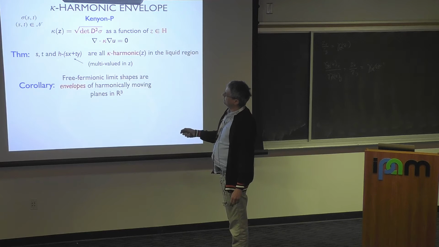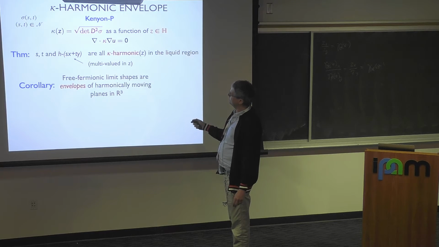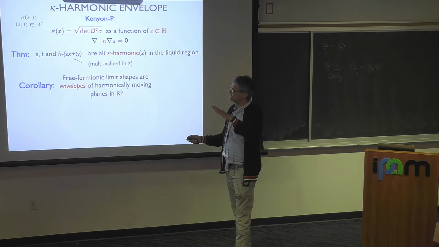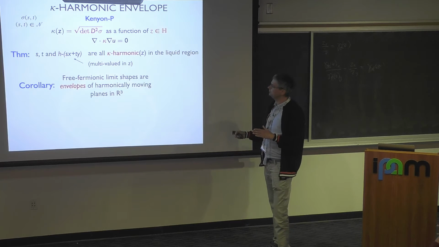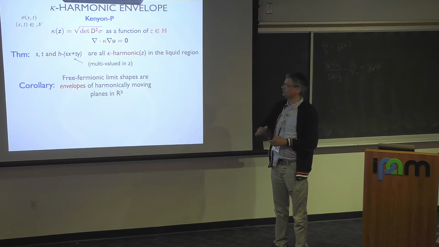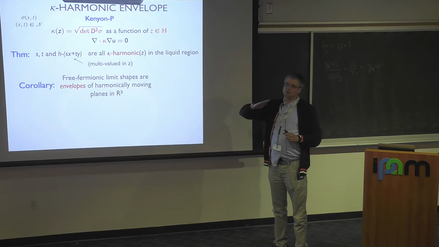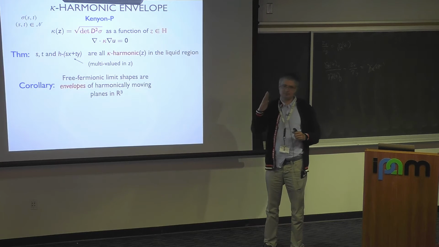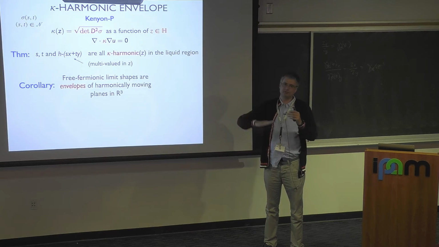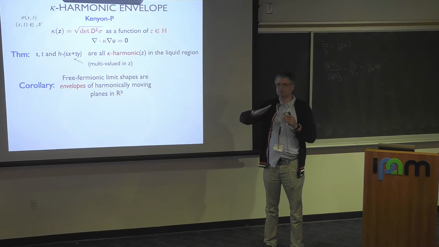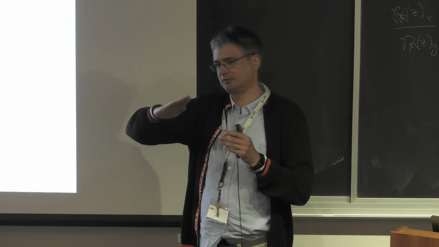Namely, as a function of the z variable, the slope variables S and T are kappa harmonic in the liquid region. And so this ST describes, if you think of the tangent plane to the surface, the gradient of the tangent plane.